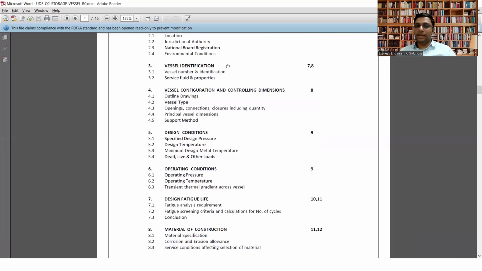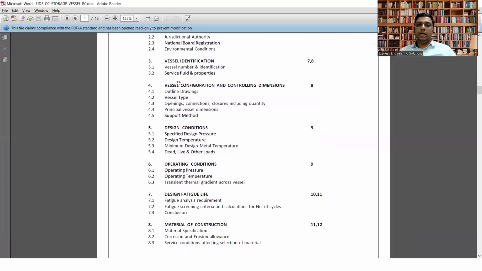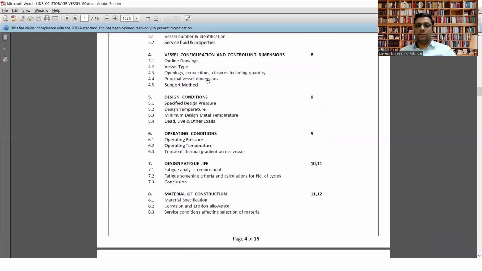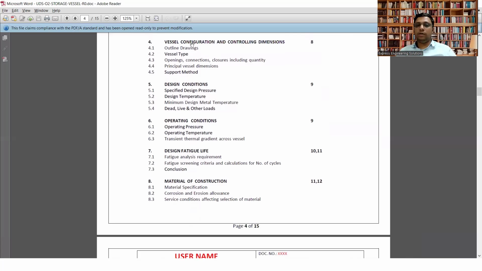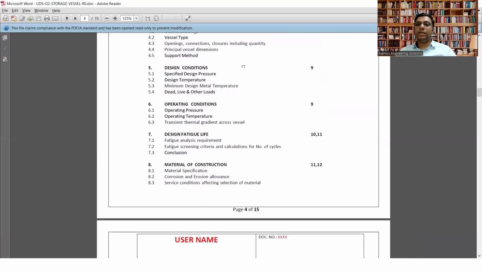Then we have seen vessel identification, vessel number, then service fluid properties, etc. Then comes the next one, which is the vessel configuration and controlling dimensions, its size, shape, whether it is vertical, horizontal, what are the overall diameter, height, tan line, dimensions. All those things come under point number 4, vessel configuration and controlling dimensions.